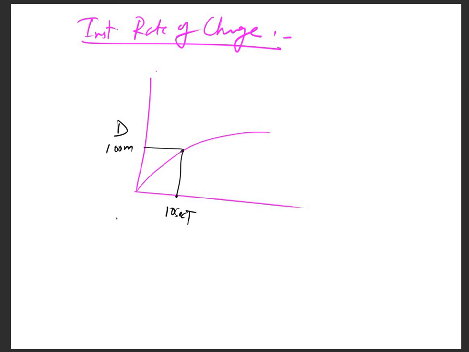Now you can argue that you just told me that you cannot measure the rate of change at one point. You need 2 points. Instantaneous rate of change talks about actually 2 points, but they are very, very close to each other. So I still will take 2 points.